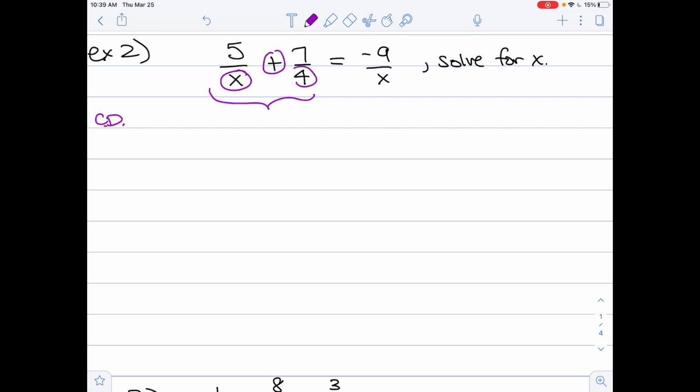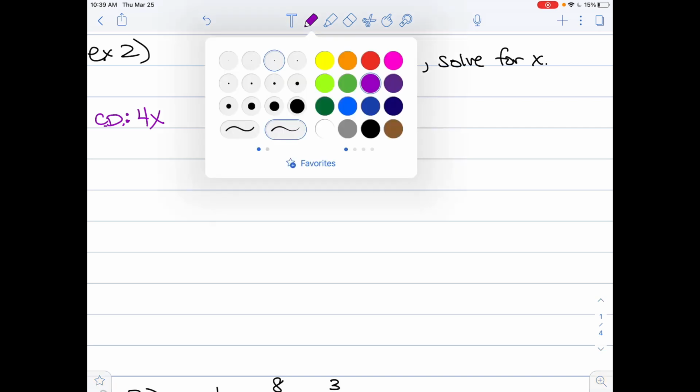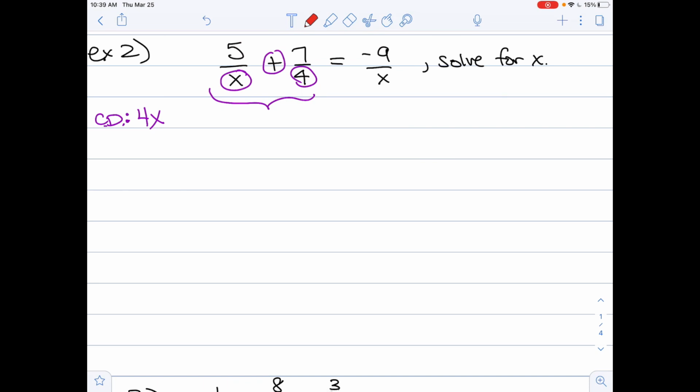Here I see x and 4. They're not common. So I know that the common denominator that x and 4 can both become is basically multiplying them to each other, which is 4x. So I'm going to multiply each fraction by what it needs to get to a 4x. If I multiply the left fraction by 4 on the top and bottom, this denominator will now be 4x.